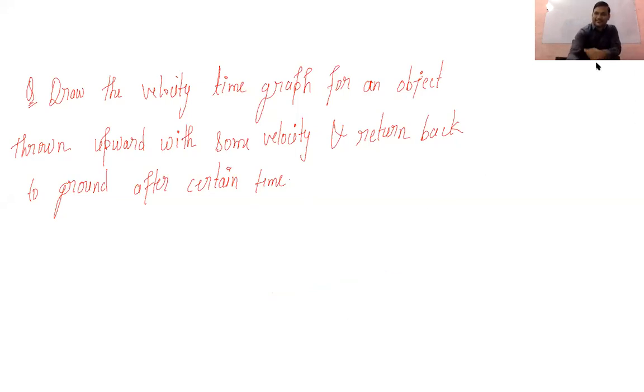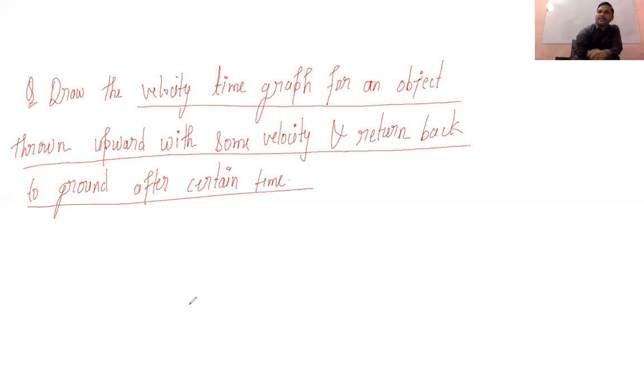If we are asked to draw the velocity time graph for an object thrown upward with some velocity and returning back to the ground after a certain time, you have a certain velocity at time t equal to 0, because the object is thrown upward. That is your initial velocity.